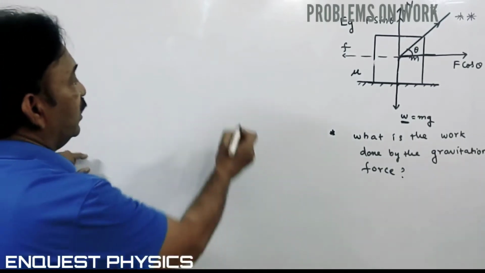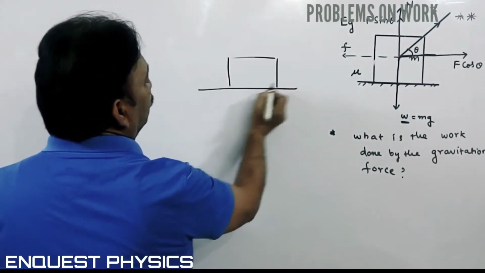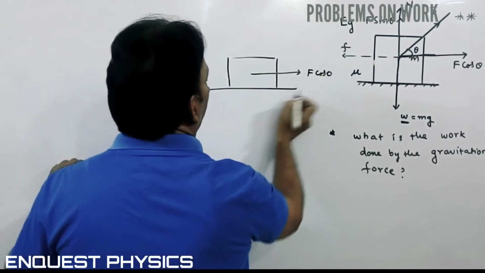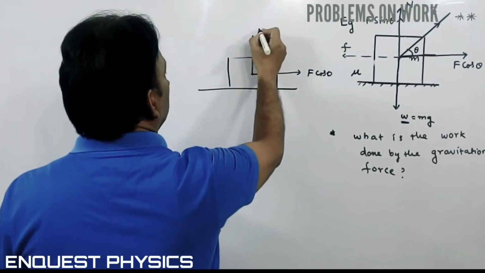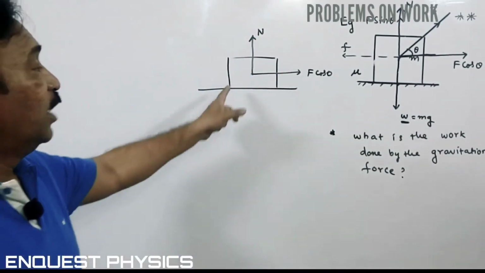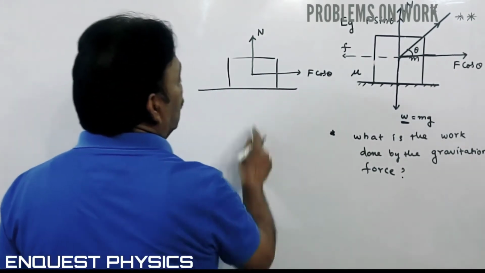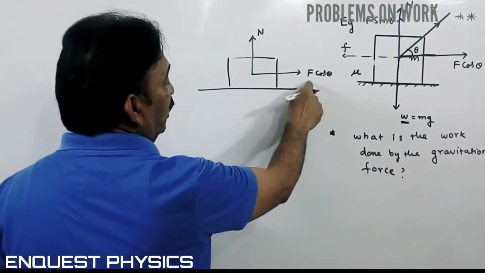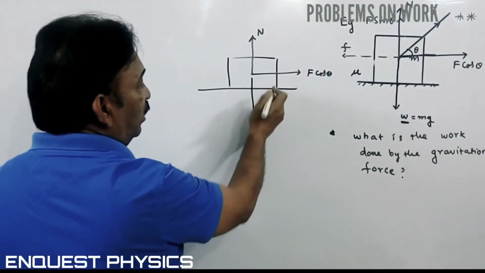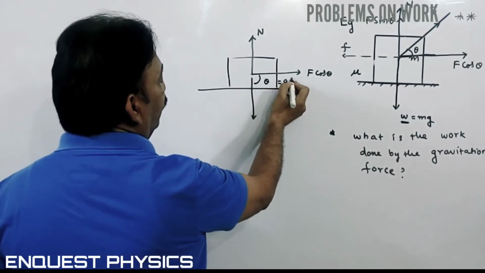Here, see, this is the body, the same body I am showing you, and this is the component of the force which is acting in this way. Then we have the normal reaction. What is the work done by the gravitational force? See this. Since force and displacement are in perpendicular directions, that is theta is equal to 90 degrees.